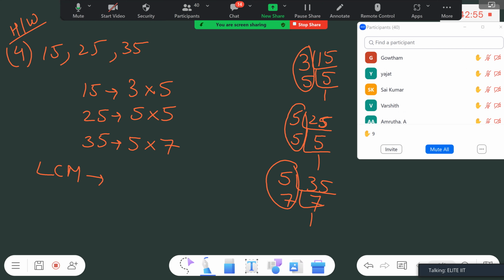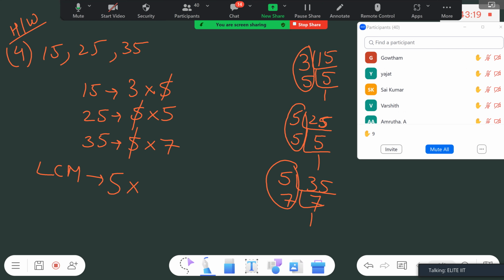I can see 5 is common in all of them, isn't it? Only one 5. Then do you have anything else common in at least 2? No, sir. Not even in all 3 and not even in at least 2, isn't it?